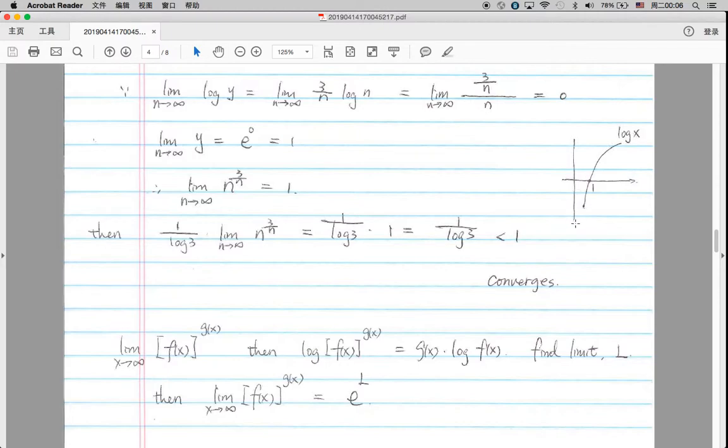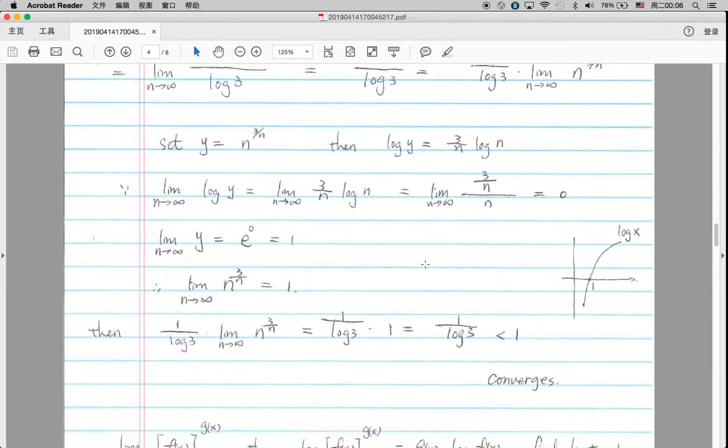The graphical representation of log of x is an increasing function, and since log of 3 must be greater than 1, with 1 being the point where it intersects the x-axis, this term must be less than 1.